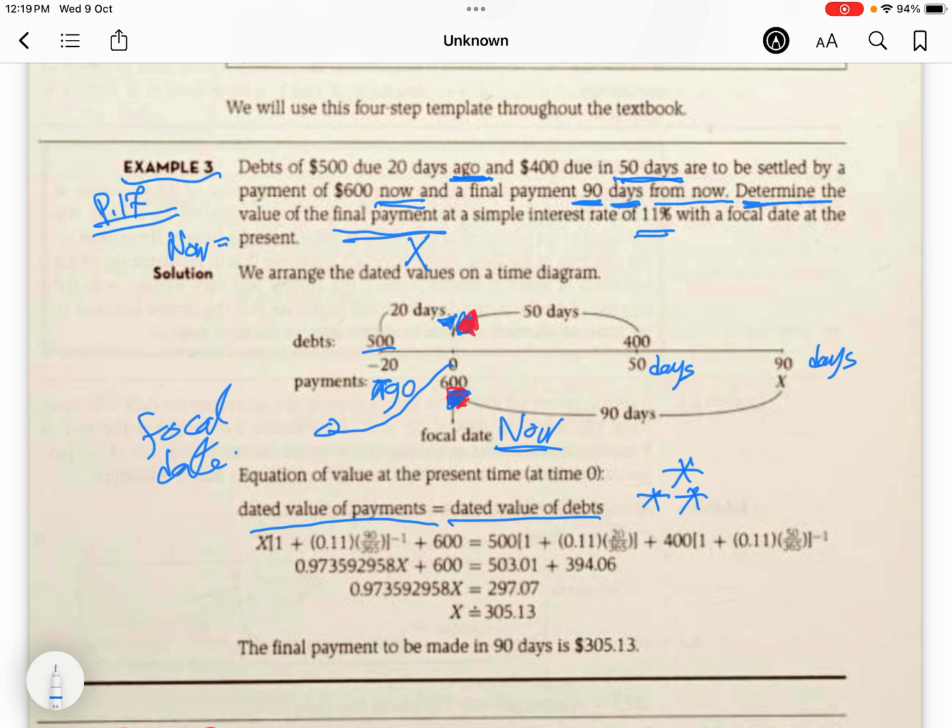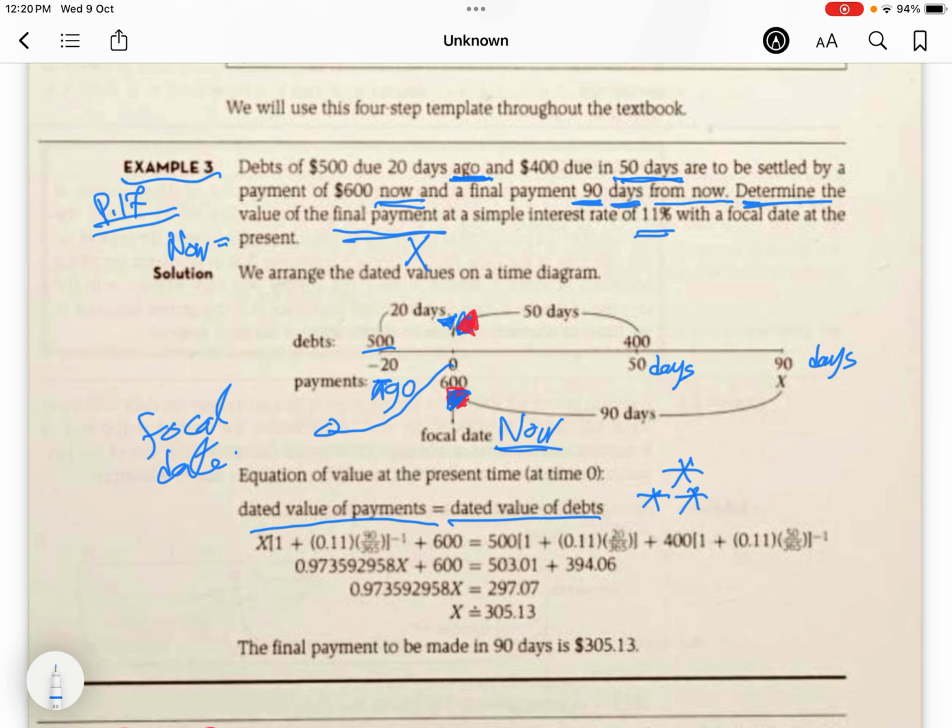This is why we will make division. Here, X multiplied by (1 plus 0.11, 11 over 100, multiplied by 90 over 365) to the power -1, plus 600, which has been paid now, equal dated value of debits.